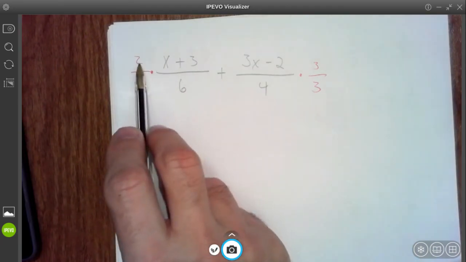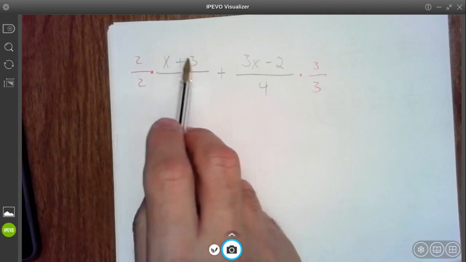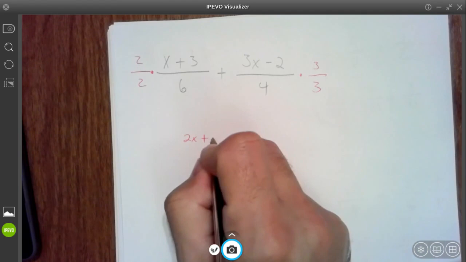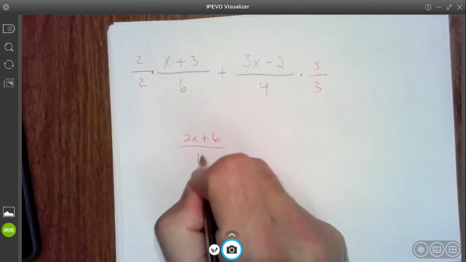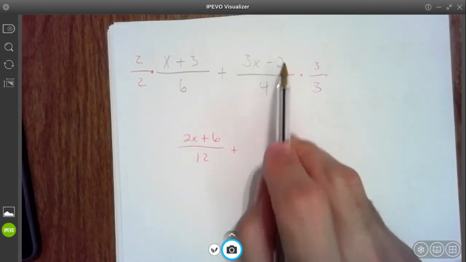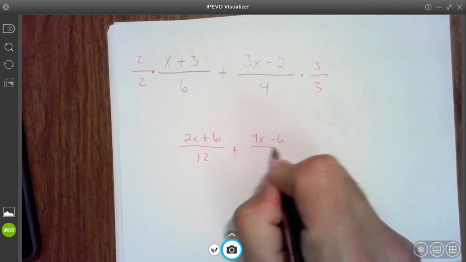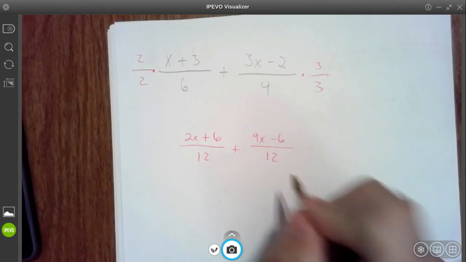So I'm going to multiply the top part by 2. So I'm going to have to distribute this 2. So it's going to be 2x plus 6, 2 times x, 2 times 3. And then I'm going to multiply this one by 3. Okay? So that's going to be 9x minus 6. Okay, and 3 times 4 is 12.